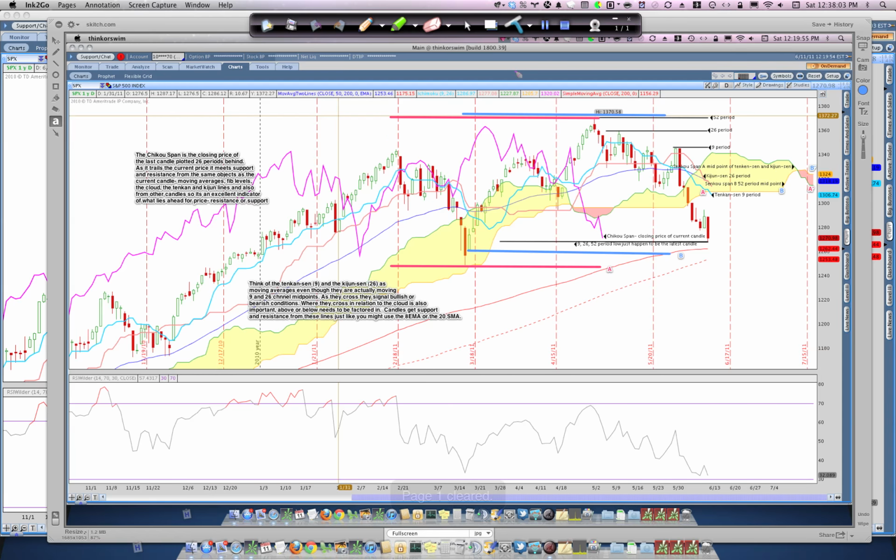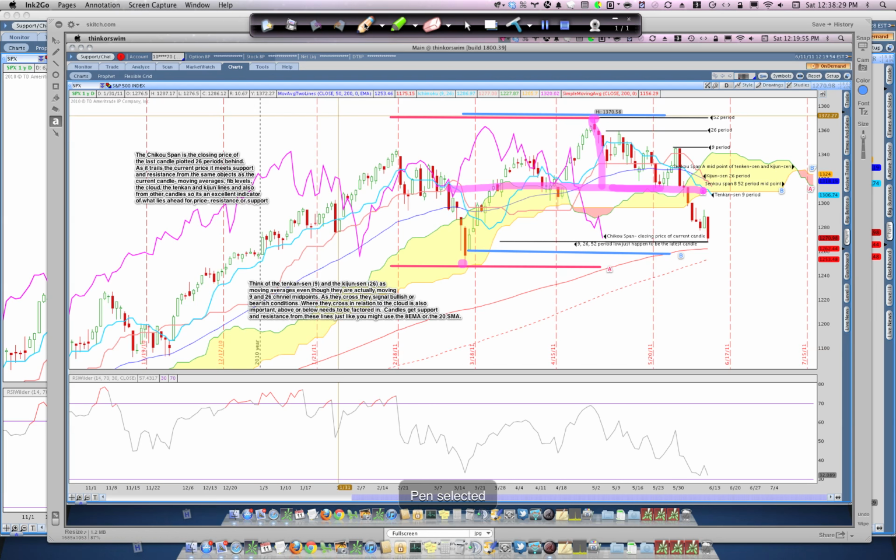Now how? The highest candle in that area is here, and the lowest candle is here. The midpoint is right there, and so we move 26 candles ahead of this candle, and we plot that point right there.